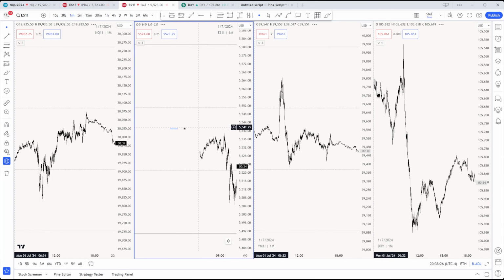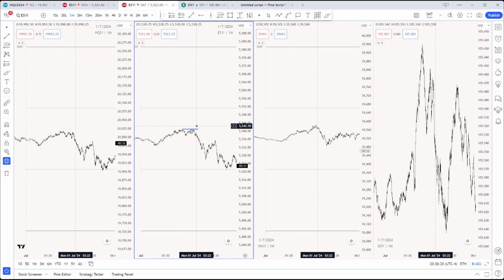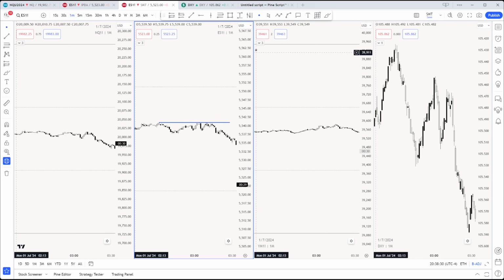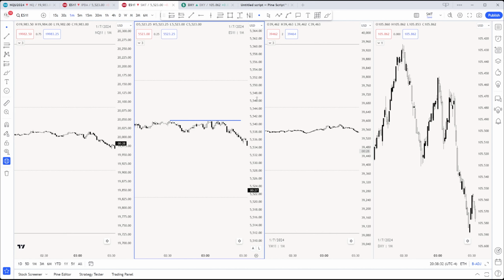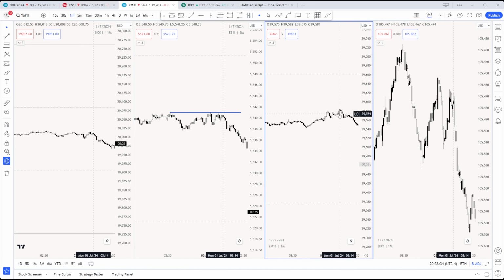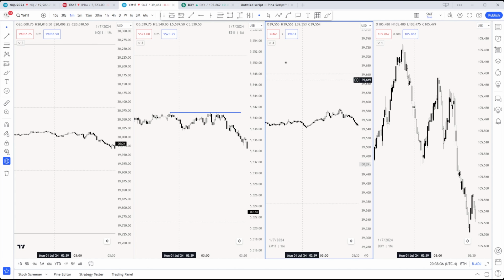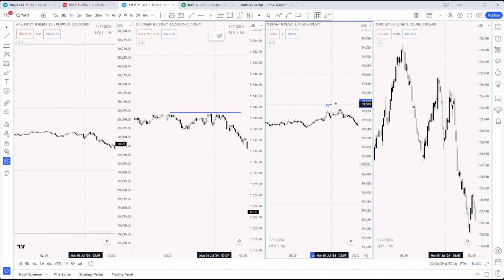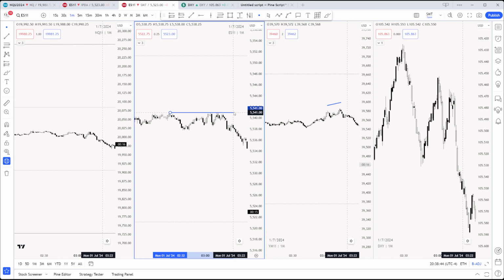So if we just head over to 2 a.m. very quickly here, and we look at these highs very quickly, you'll notice YM on these highs went higher. So if I just try this out for you guys, YM went higher, ES went equal, right?